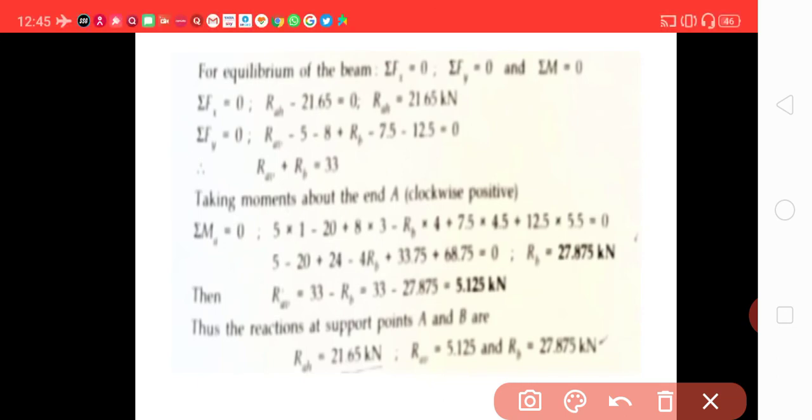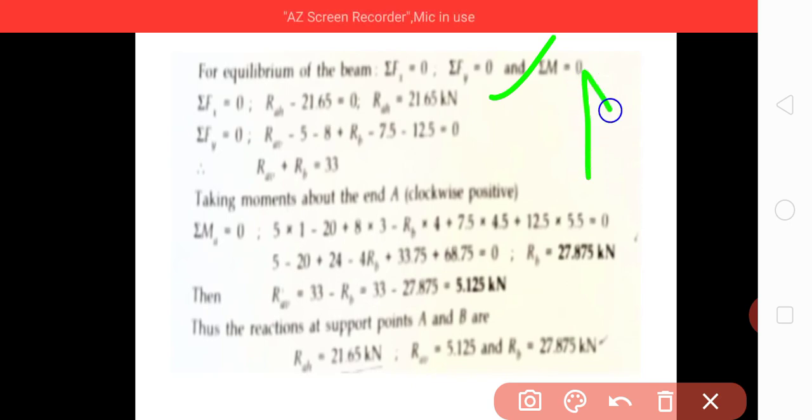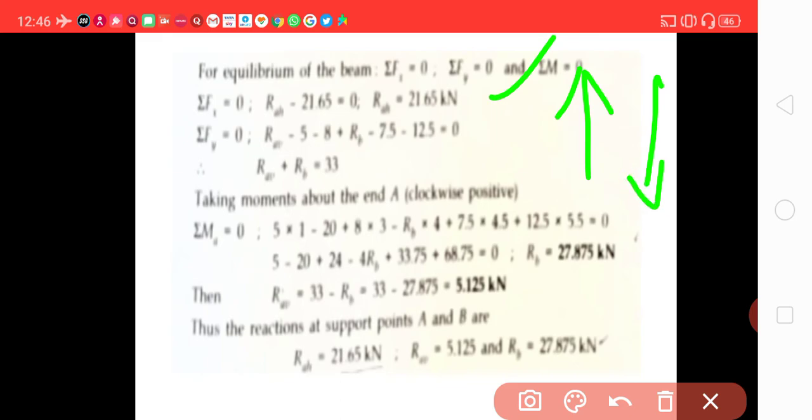Then summation Fx: RAH minus 21.6, the one horizontal force only, is coming like this. Then vertical: equating all the vertical forces, upward forces we have taken positive and downward forces negative.